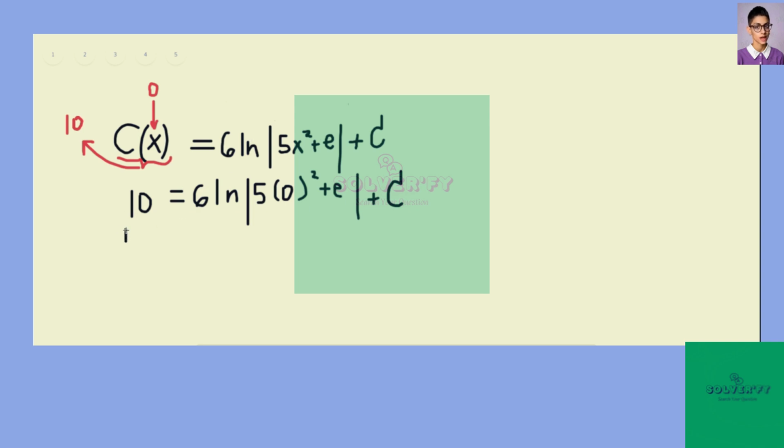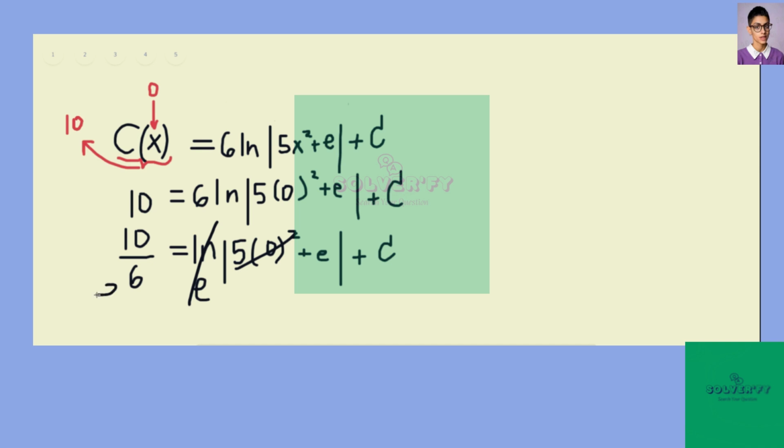So let me just go ahead and write the steps here. So 10 divided by 6. And then this is 0, so you would just take e, so you cancel that out, and then e to the 10 over 6 power.